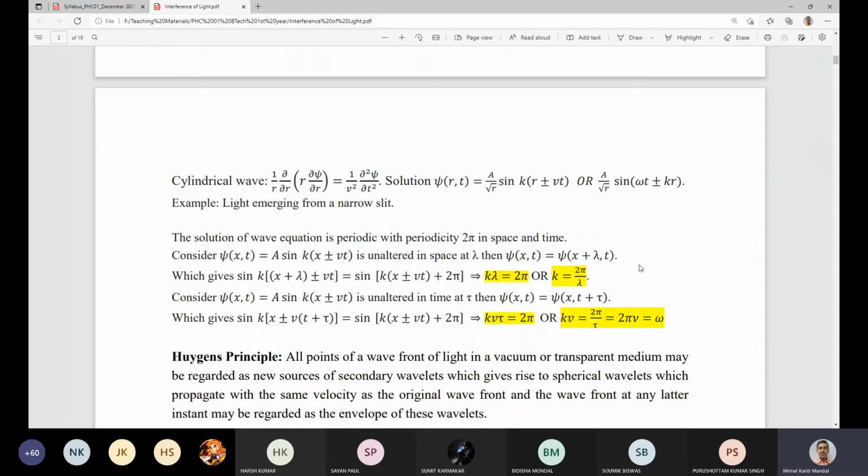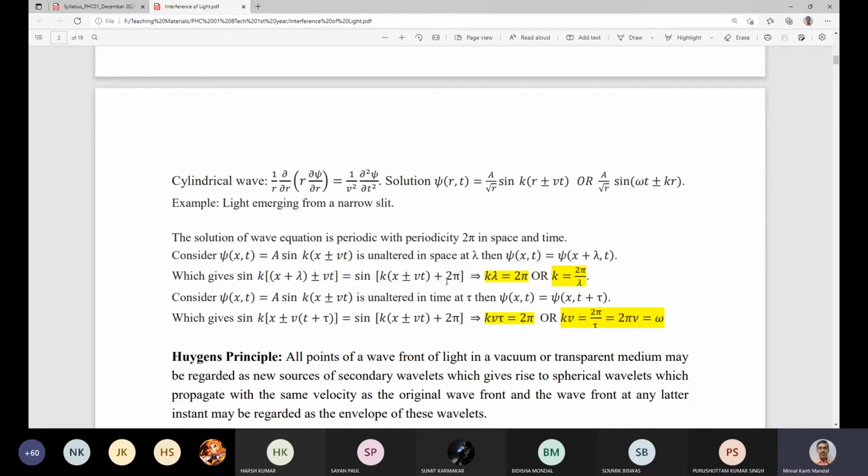So if it is the same, then we can write this expression: sin k x plus lambda, that is x plus lambda plus minus vt, is equal to sin k x plus minus vt plus twice pi, because you know its periodicity is twice pi.